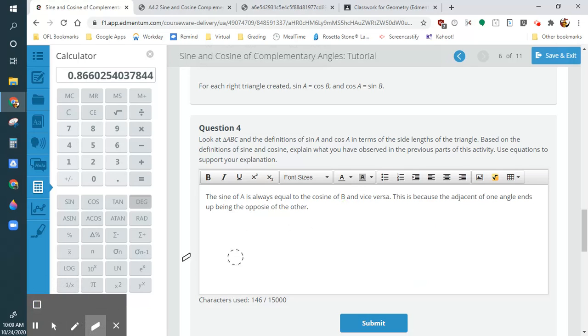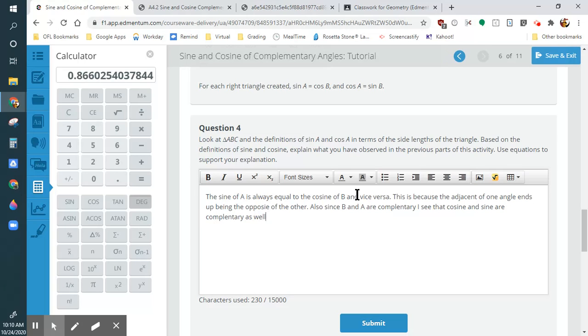And then also, since B and A are complementary, I see that the cosine and sine are complementary as well, because plugging in the complement gives the same ratio.